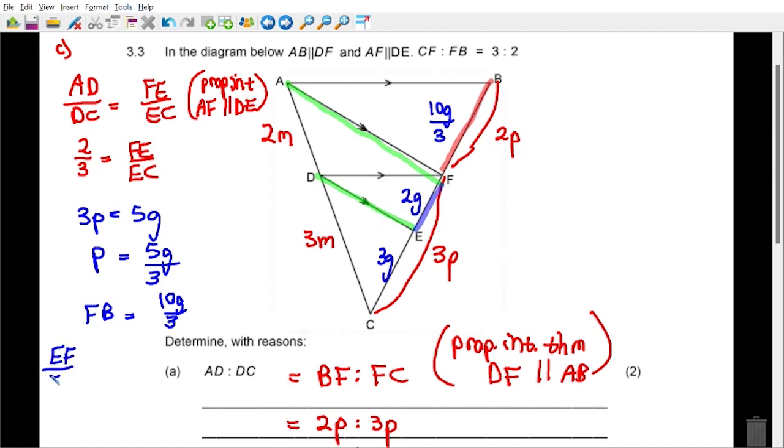So EF as to FB, I can write my ratio as a fraction or as a ratio, is going to be 2g over 10g over 3. What happens is the g's divide out.